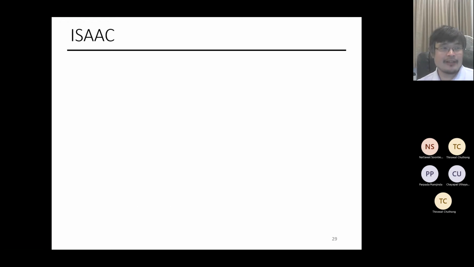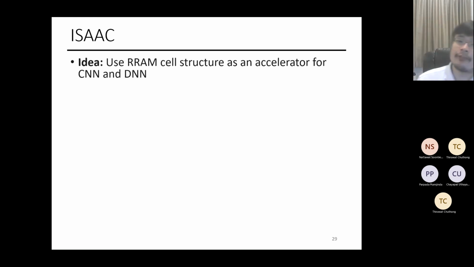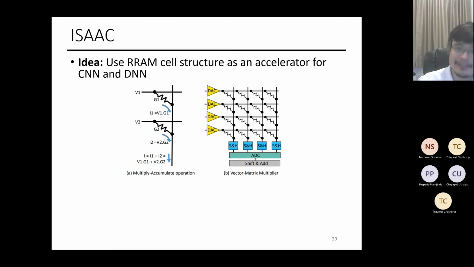There have been ideas proposed in multiple papers, starting from around 2015. For example, ISAAC is one of them that used the RRAM cell structure as a way to accelerate CNN and DNN. You first need to convert the digital signal to analog.